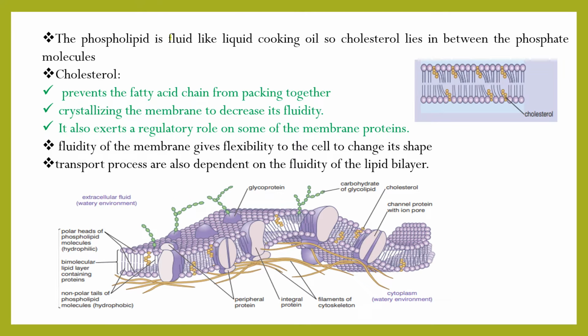Phospholipid is a fluid which looks like liquid cooking oil. Therefore, cholesterol lies in between the phospholipid molecules. For example, in this figure, this is cholesterol, another cholesterol, another cholesterol. So cholesterol molecules are situated in between the phosphate groups of the phospholipid molecules.